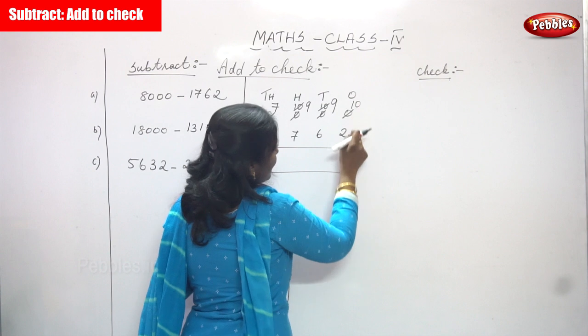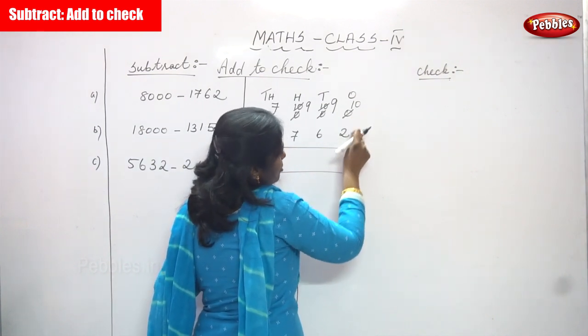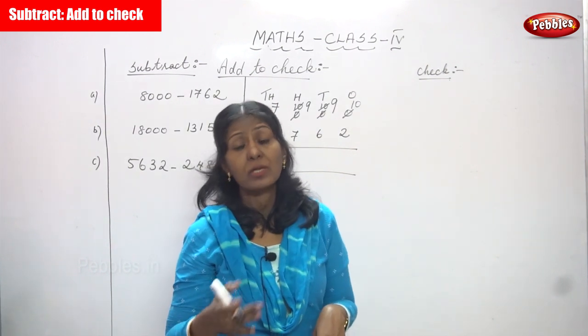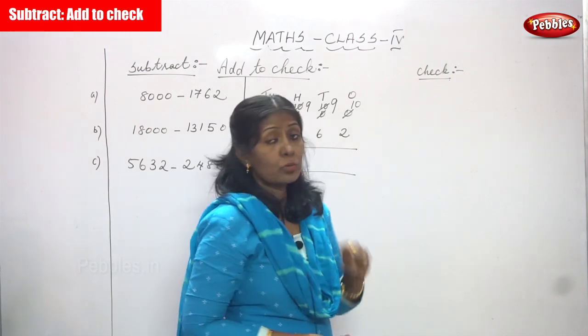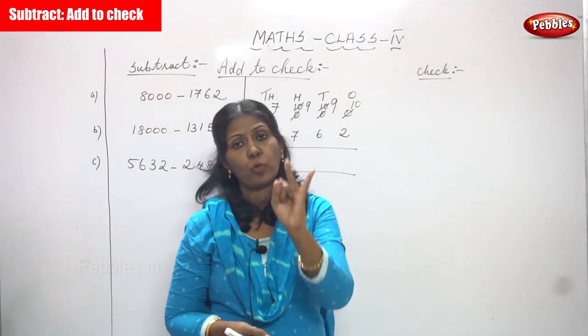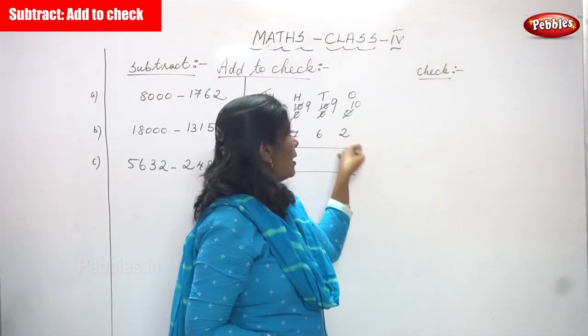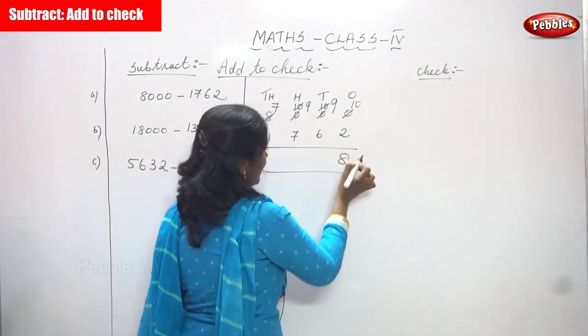So 10 minus 2. I've told you already, you have to start doing backward counting. After 2 only you have to start counting: 3, 4, 5, 6, 7, 8, 9 and 10. So what is the number? It is 8. So put 8 here.